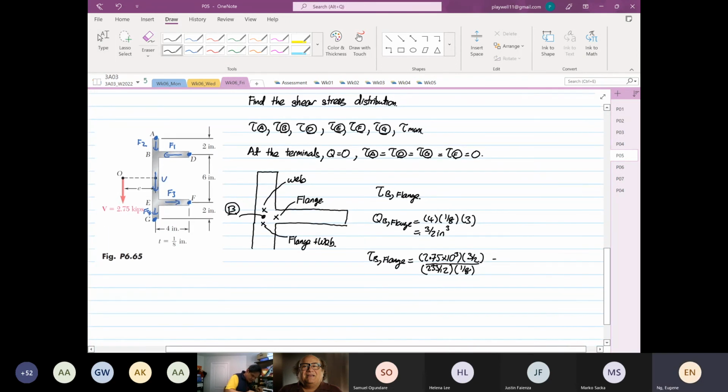So this will be equal to 2.75 times 10 to the power 3 times 3 over 2, divided by 233 over 12, divided by 1 over 8. So it will be 1.699, or 1.7, times 10 to the power 3 psi.